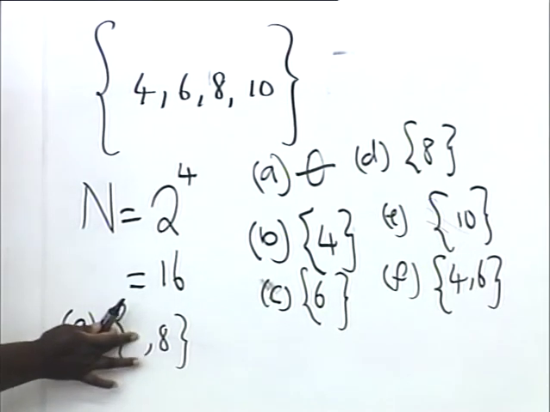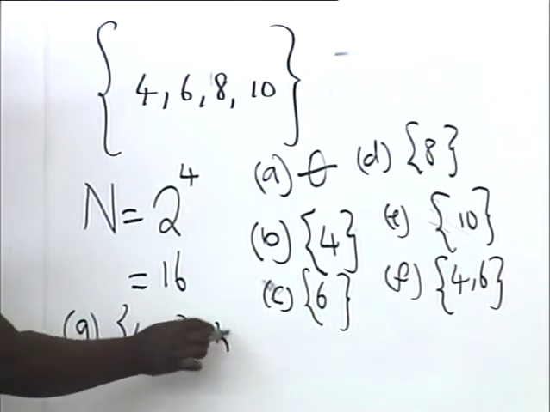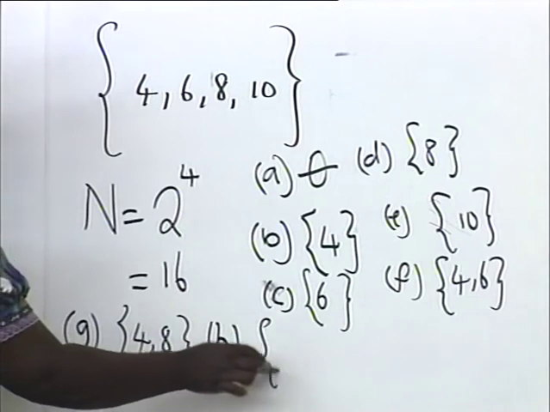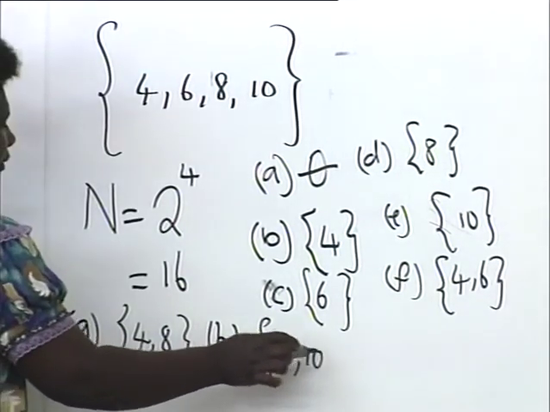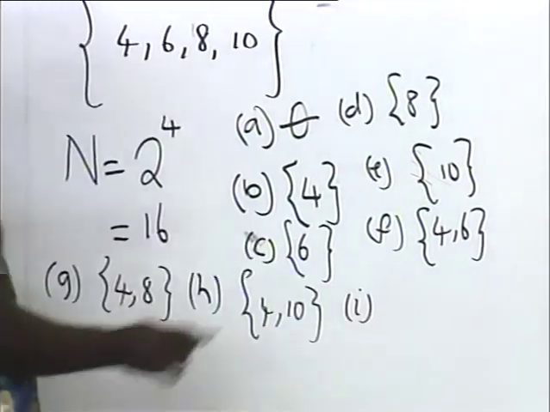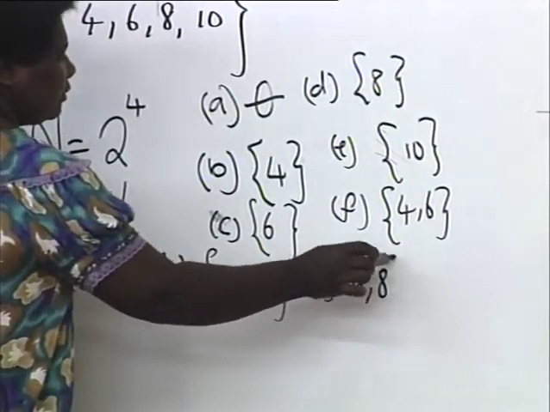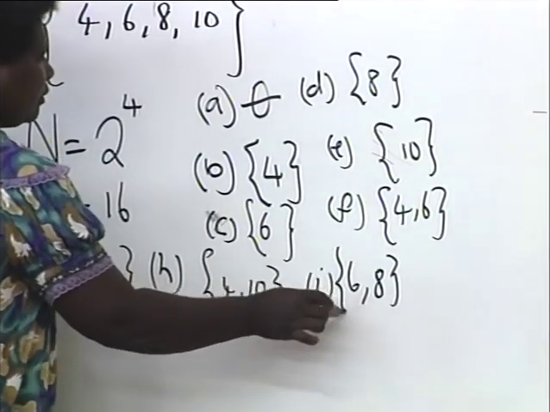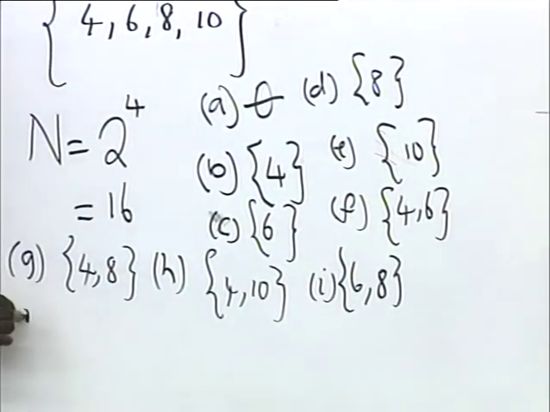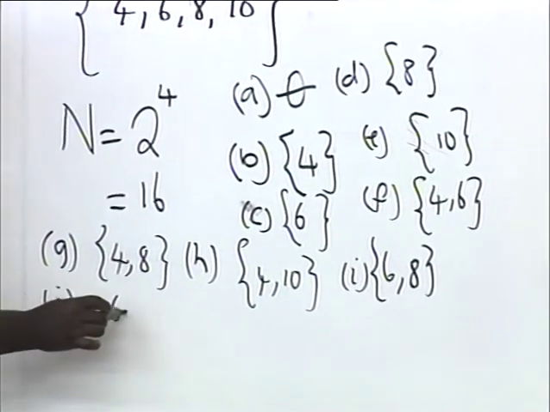Maybe we'll begin with 4. {4, 8}. And then the next set is going to be {4, 10}. Next set is going to be {6, 8}, and then {6, 10}.